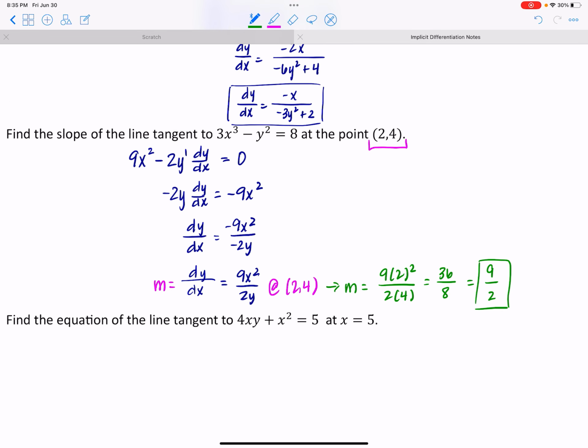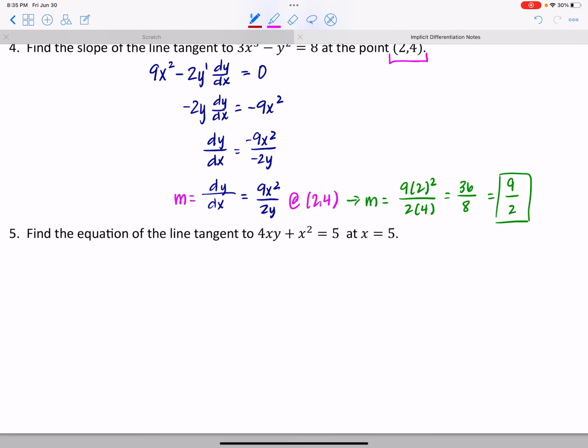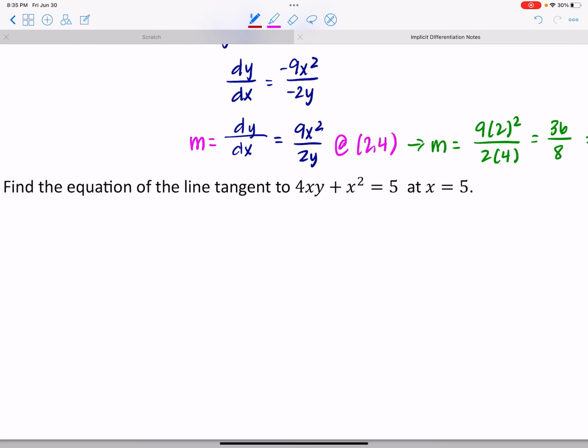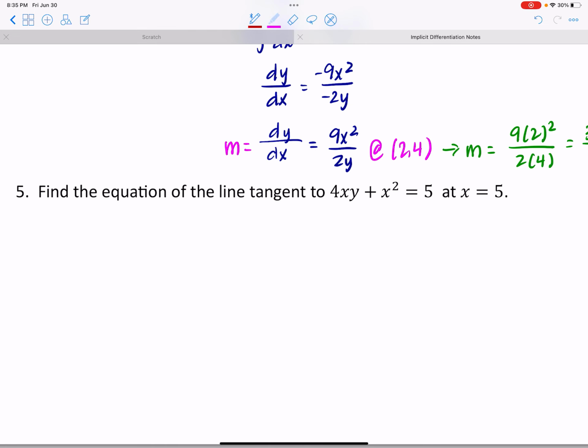Alright, and then the last progression would be taking the slope and writing the equation, so let's try that on this last one. So we're going to find the equation of the line tangent to this function at x equals 5. Let's go ahead and start by finding our derivative. So this is, hopefully you're recognizing, a product of two functions, 4x and then y.